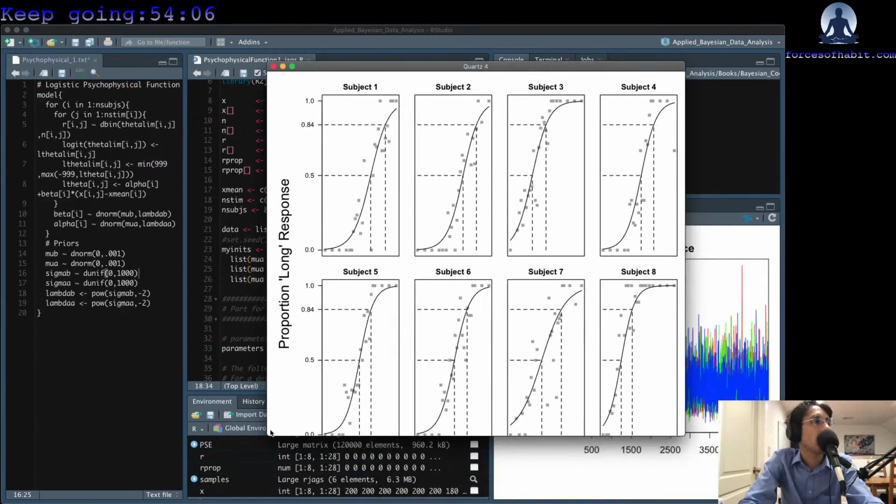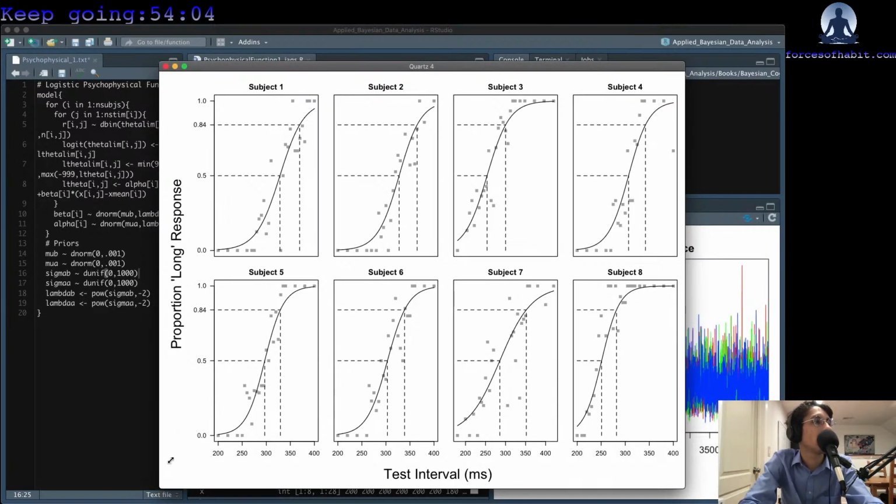But here we get the curves, right? So here we have the test interval, right? So the probability of identifying a response as being a long response, and then we identify the point for each subject corresponding to the just noticeable difference point.